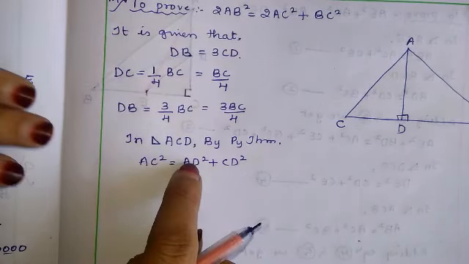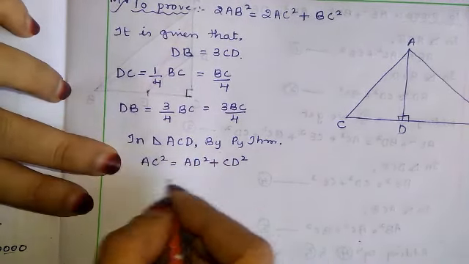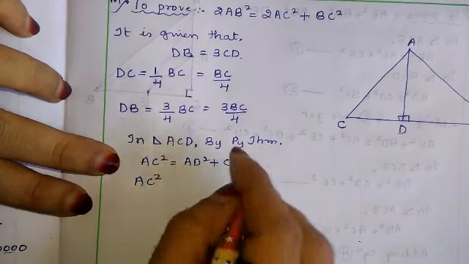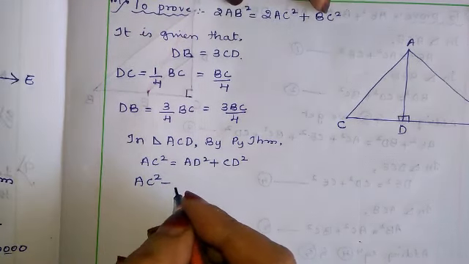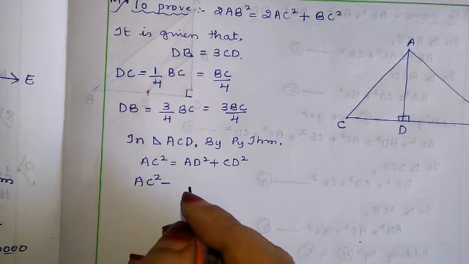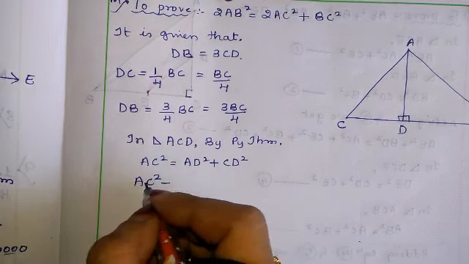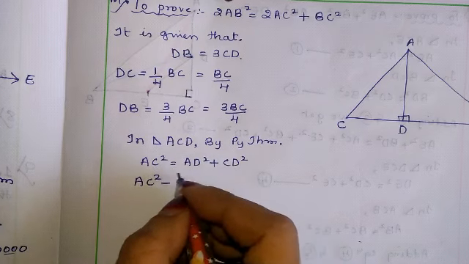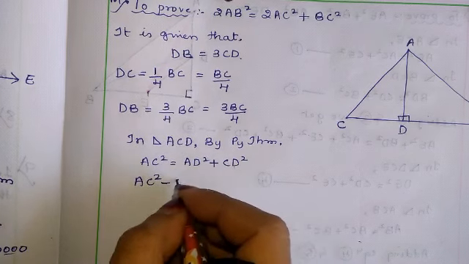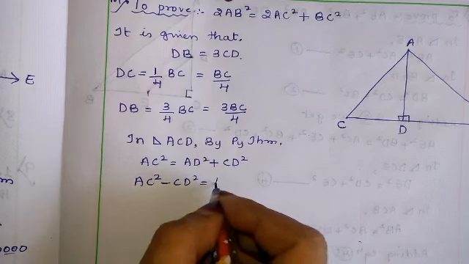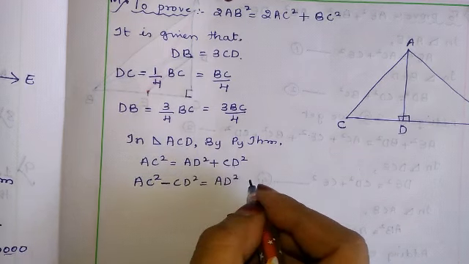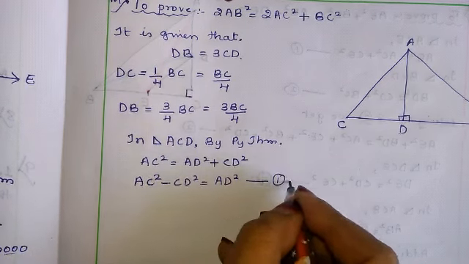Now let me subtract CD square from both sides. To prove, based on how we have to get the answer, we have to solve. AC square minus CD square is equal to AD square. Let us write this as equation 1.